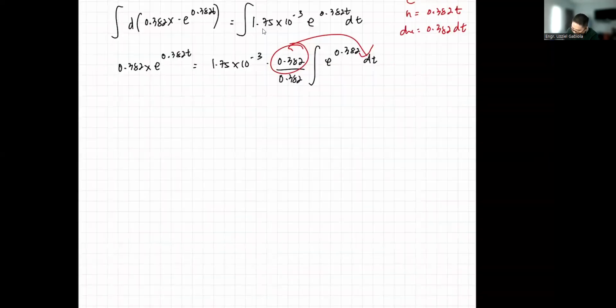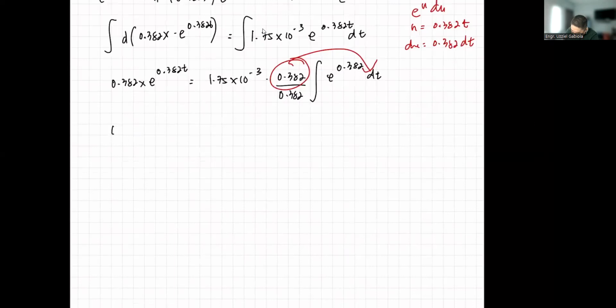May makukuha tayo ngayon ng formula na 0.382 x e 0.382 t is equals to, divide na natin ito, no? 1.75 divide 0.382, negative 3. Divide natin ng 0.3. That is 4.58 times 10 to the negative 3.